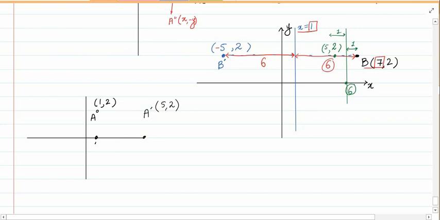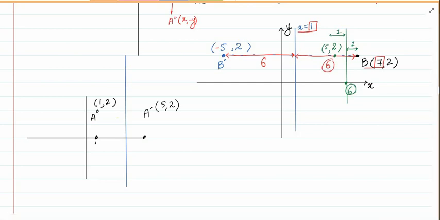So how do you find the line of reflection? Keep in mind that the line of reflection should lie in between these two values. It is exactly halfway. Can you find the equation of the line?